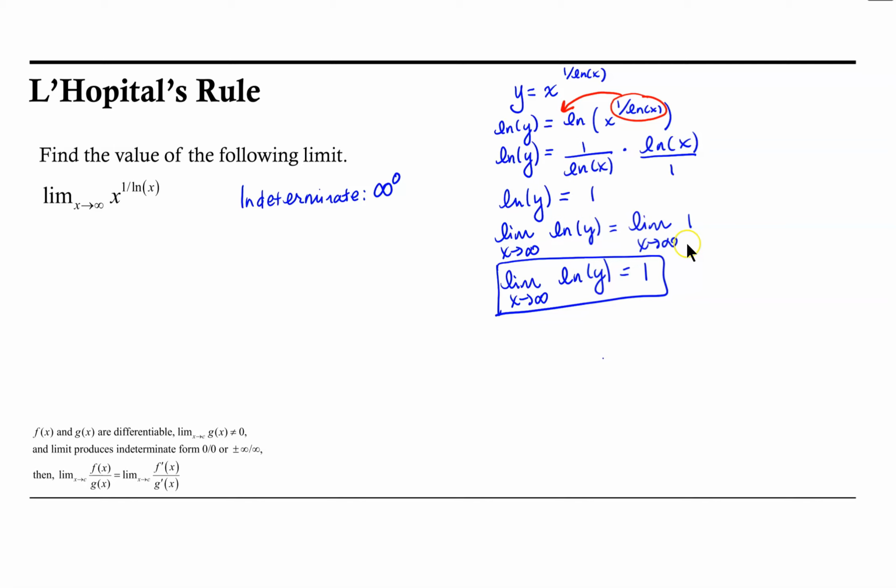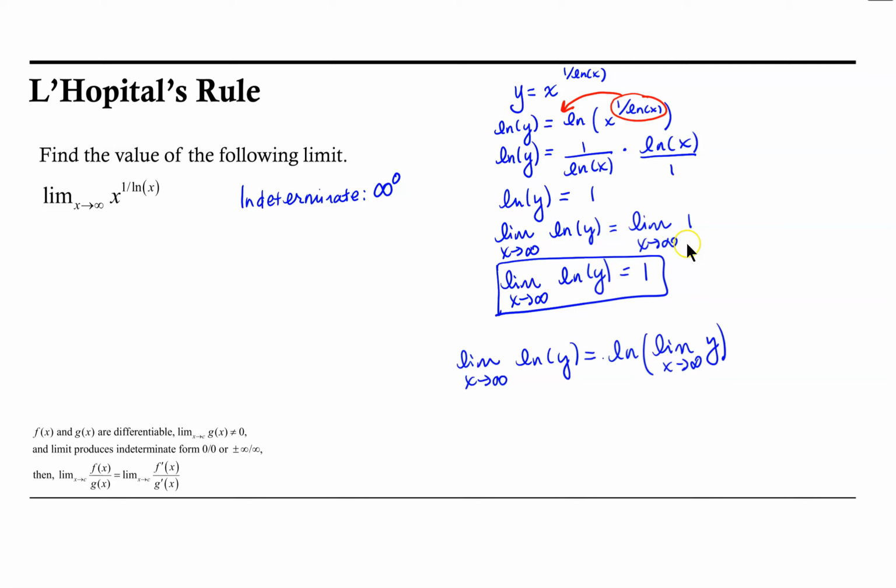So let's think about the limit as x approaches infinity of the natural log of y. Now we noted that the natural log function is continuous, so we can say that this is equal to the natural log of the limit as x approaches infinity of y.